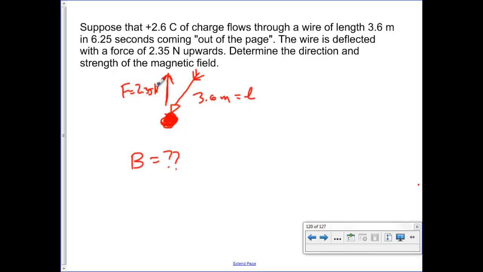So like that. Yeah, that's really awkward. Does that make sense though? My thumb is coming out of the page. The force is going up. Which way is the field pointing? This way. That way. So, right.